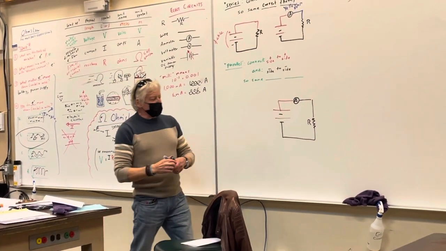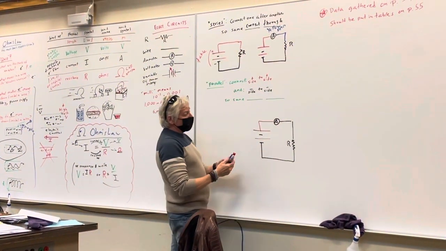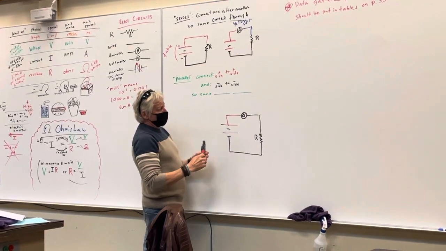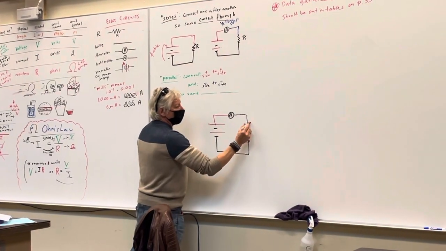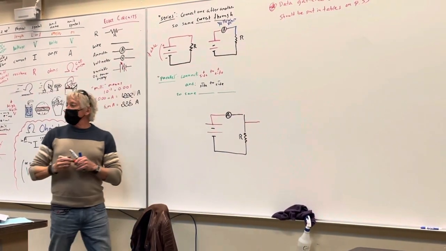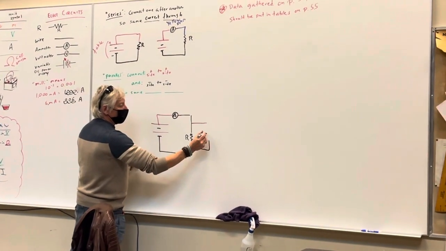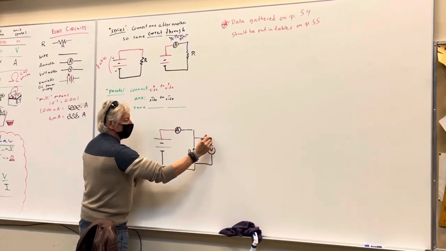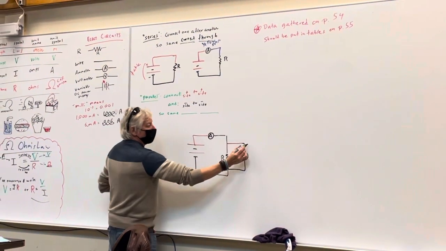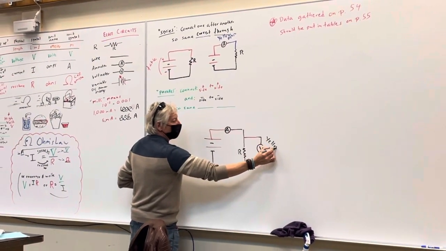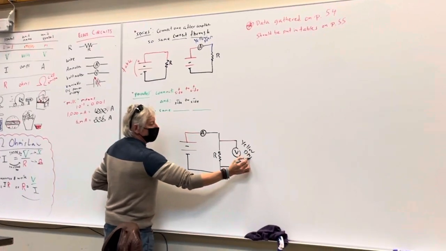So without overthinking this too much, I'm going to connect one wire here. I'll show you what that looks like. And one wire here, and measure the voltage using the other yellow digital multimeter.